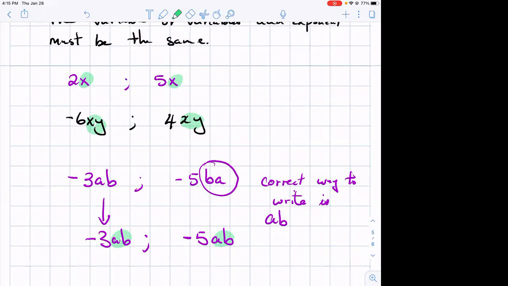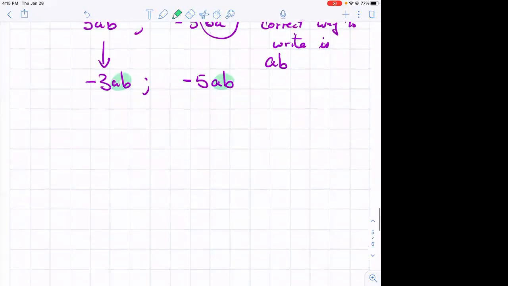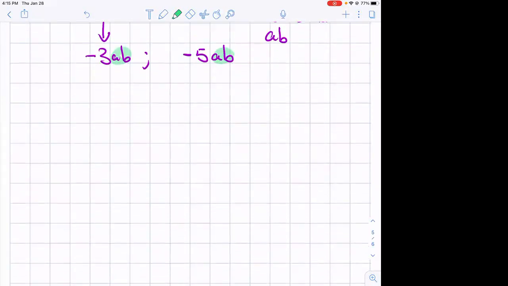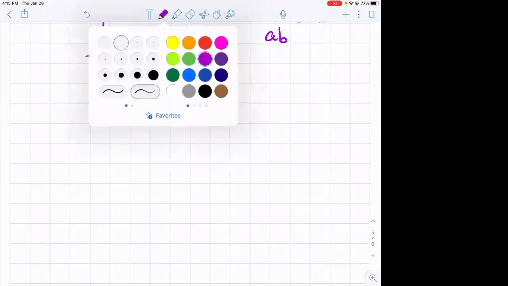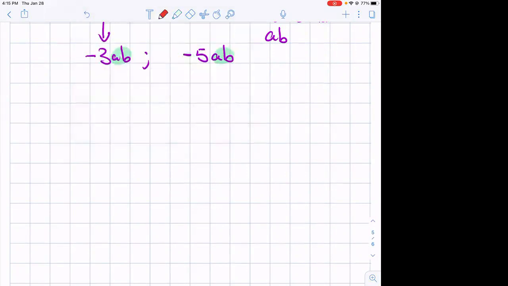Now, if you can identify like terms, then addition and subtraction becomes pretty straightforward, okay? So let's look now at addition and subtraction. How do we add and subtract polynomials?